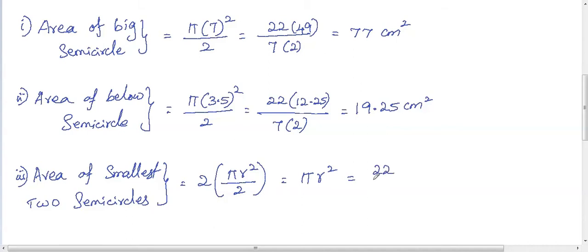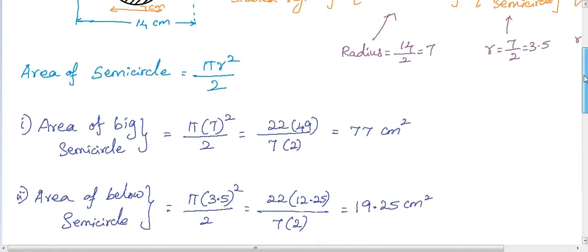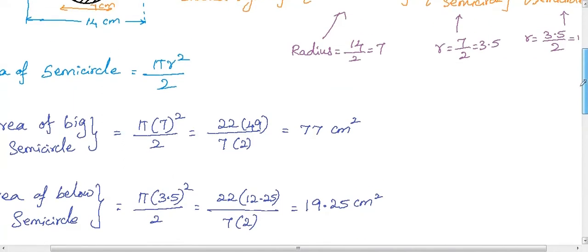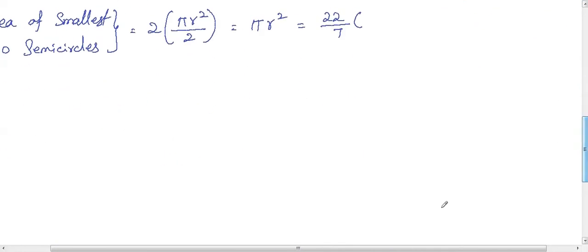The radius of those semicircles is 1.75, because the diameter is 3.5, so 1.75 whole square.